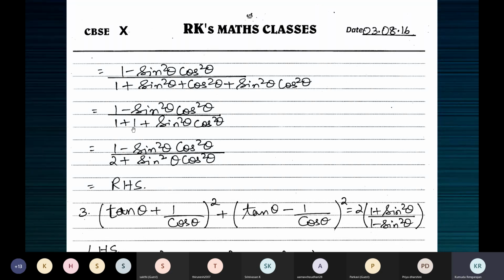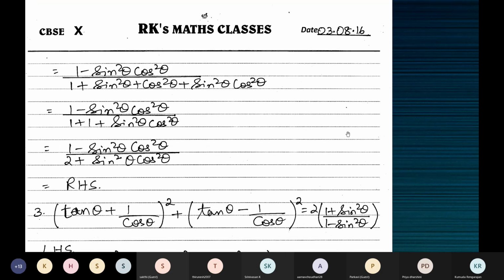Then sin square theta cos square theta, and 1 plus 1 is 2, and that's the RHS. We'll understand this and wind up the class for today.